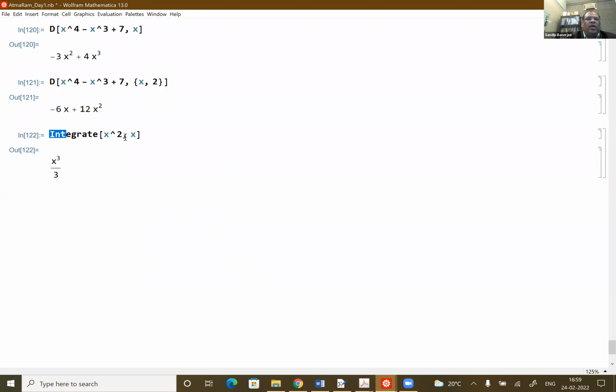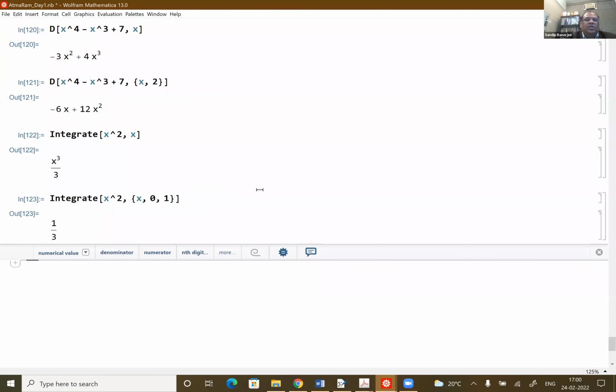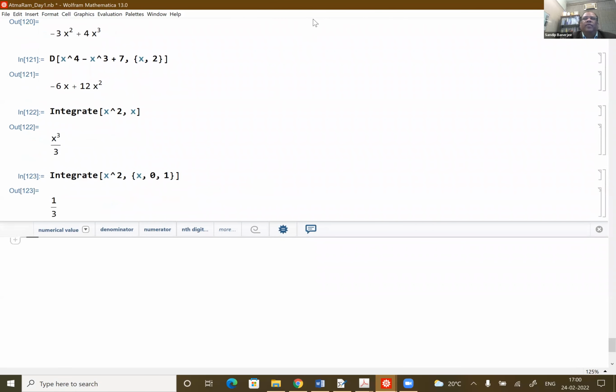If I want to integrate within the limits, then I have to put the limit here, x square, x from 0 to 1, and my answer is 1/3. Okay.